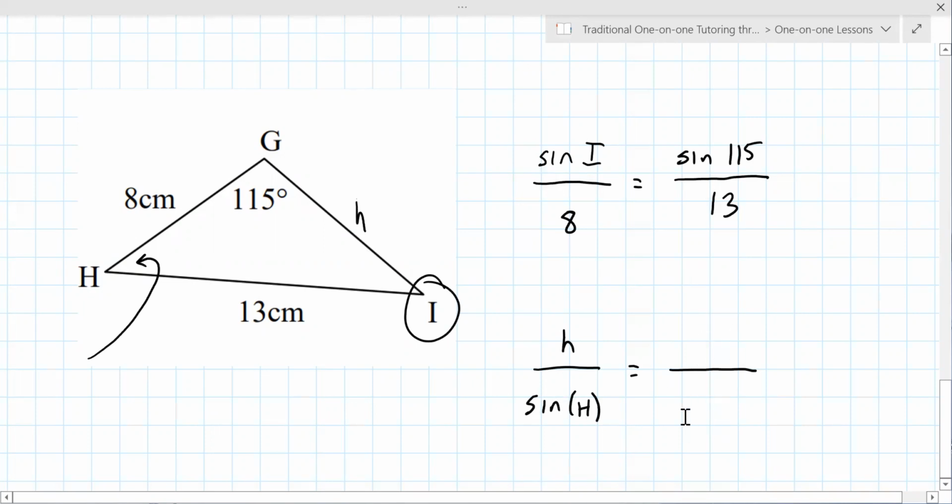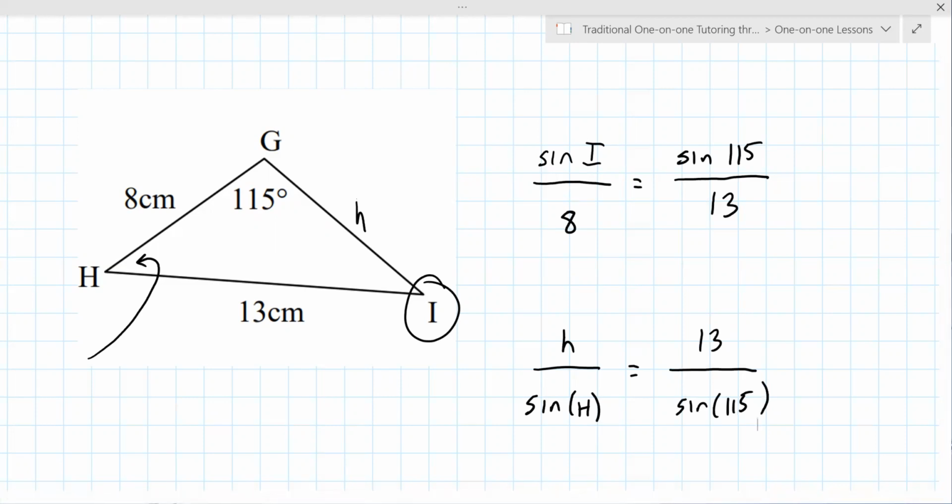Side over angle equals 13 over sine 115. Perfect, that's really well said. That is the mapping that you need to be able to do to solve for the missing side there.